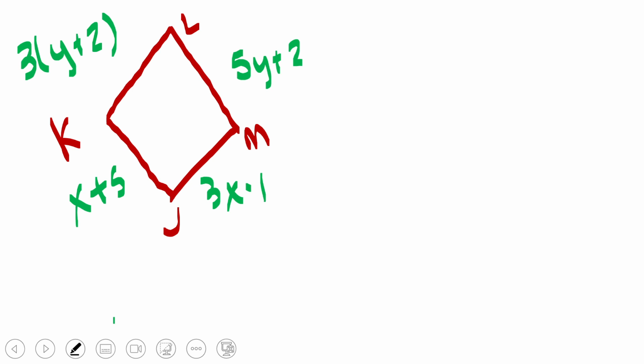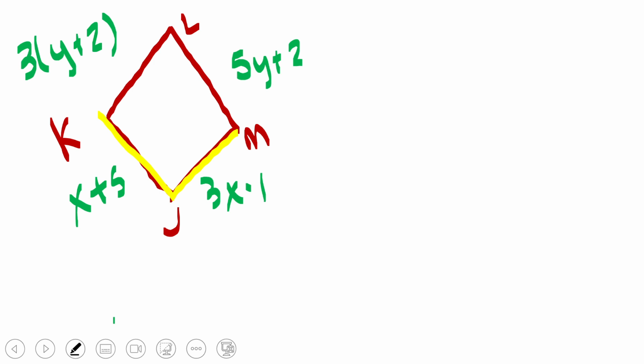We would consider JK to be equal to JM in this figure. Do look in the book. It's a little bit better than my drawing with a stylus.